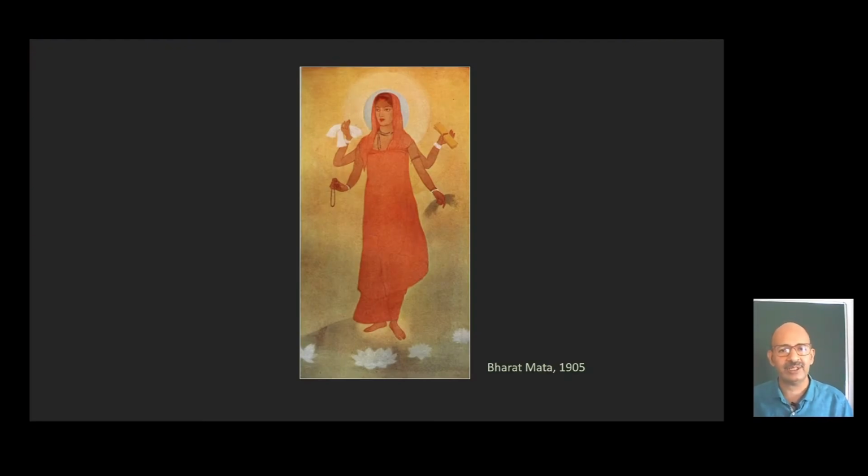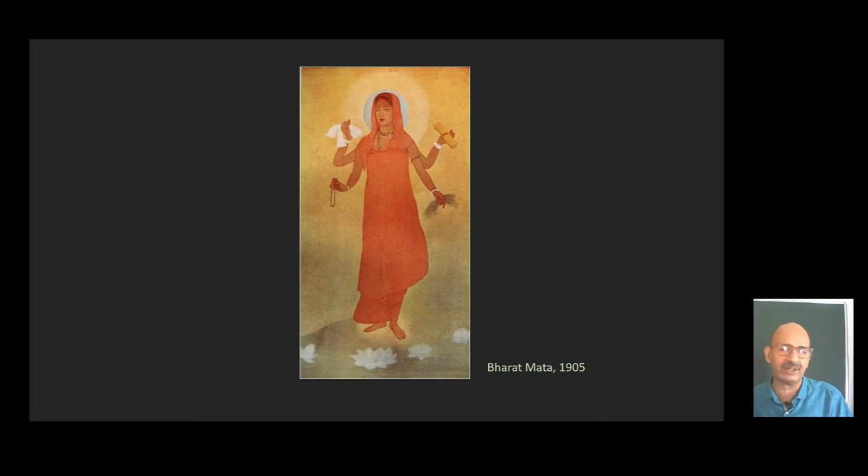So this painting called Bharatmata from 1905 is considered to be the pioneering classic example of Bengal school, and this was painted by Abanindranath Tagore, right?